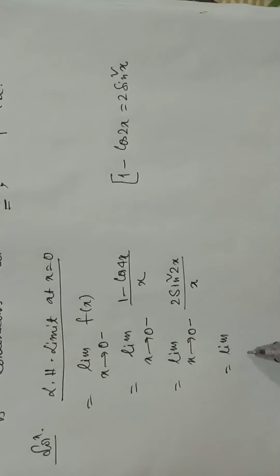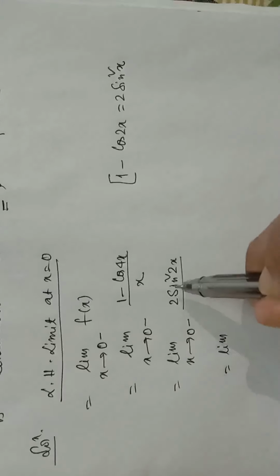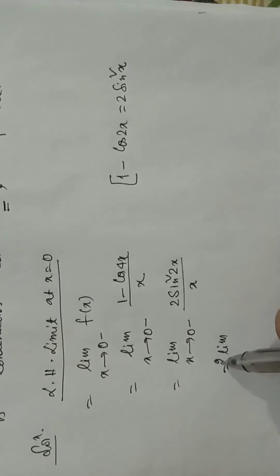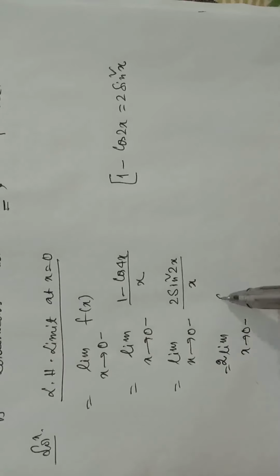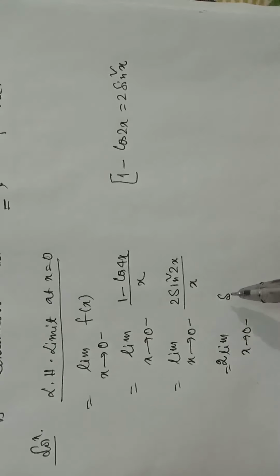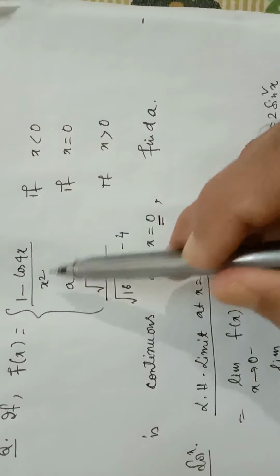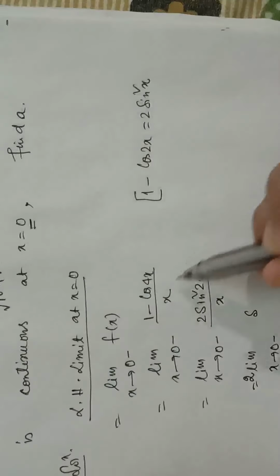Limit x tends to 0 minus, 2 is constant, we can write this outside the limit sign, 2 into limit x tends to 0 minus sin square 2x by x square. You can see the given function is 1 minus cos 4x by x square, so you have to write x square here.